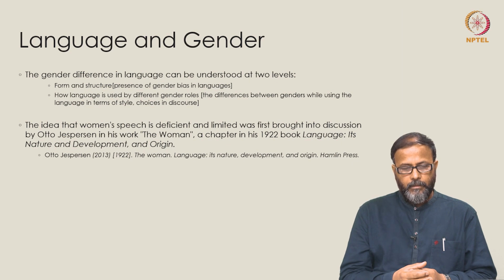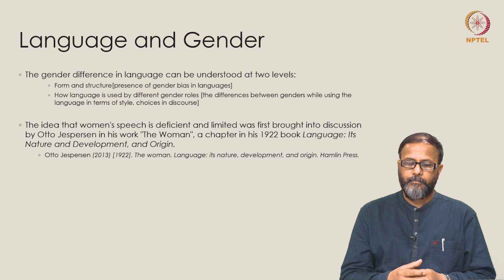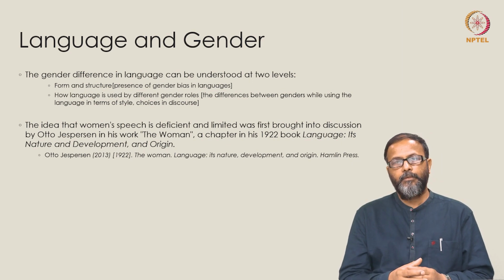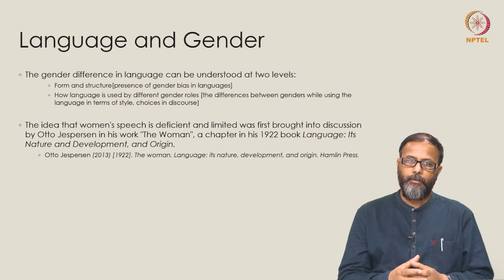The idea that women's speech is deficient and limited was first brought into discussion by Otto Jespersen in his work The Woman, a chapter in his 1922 book called Language: Its Nature, Development and Origin, published in 1922.